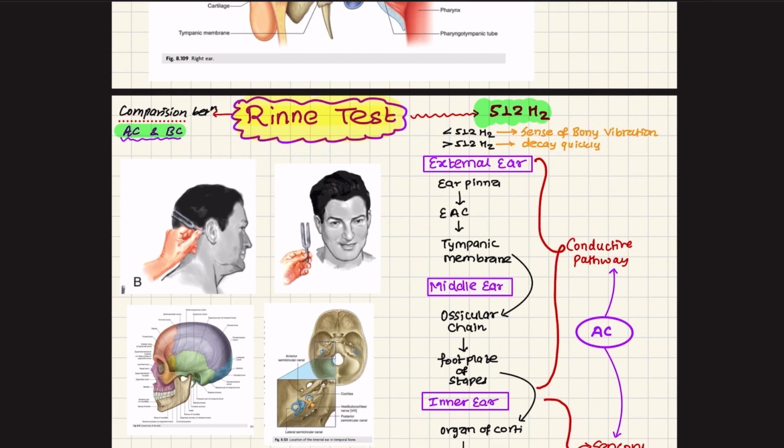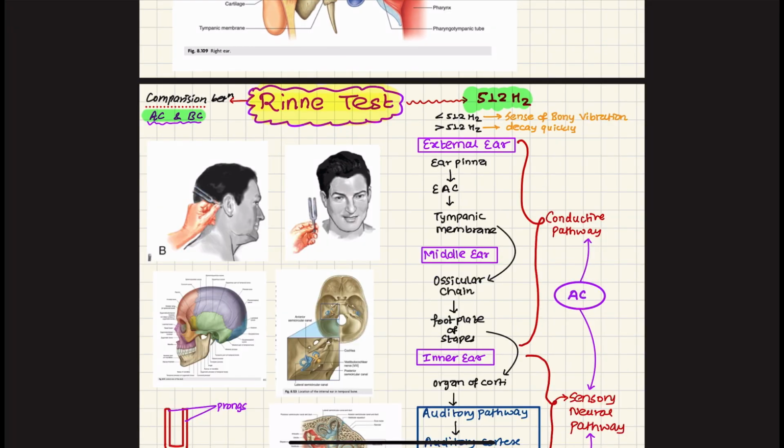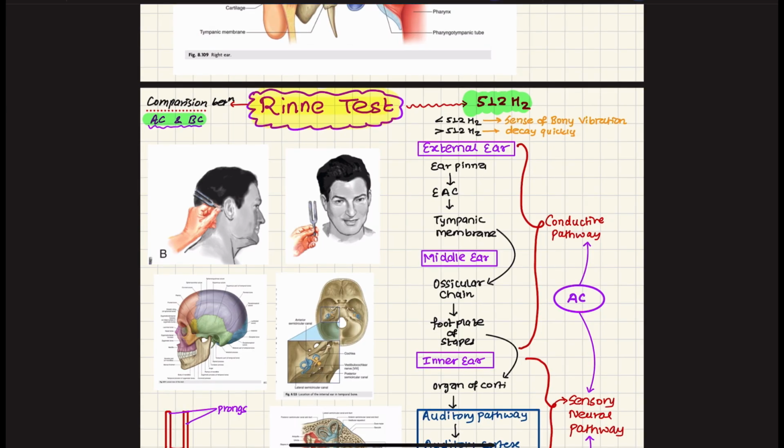Immediately, we put the prongs of the tuning fork at about 2 cm distance from the external ear. He will still hear the sound for some moment, because we know that air conduction is longer and louder than the bony conduction, until and unless there is any defect.